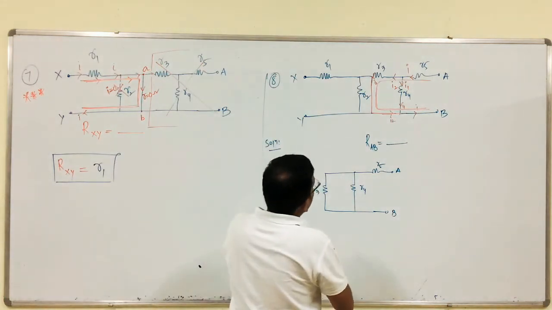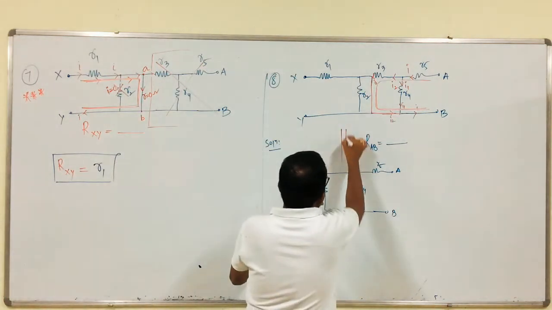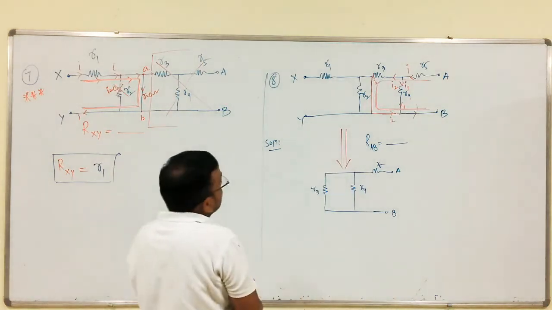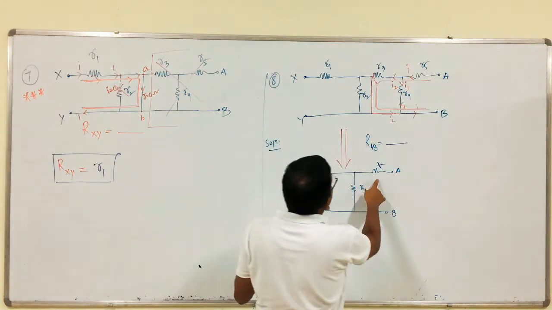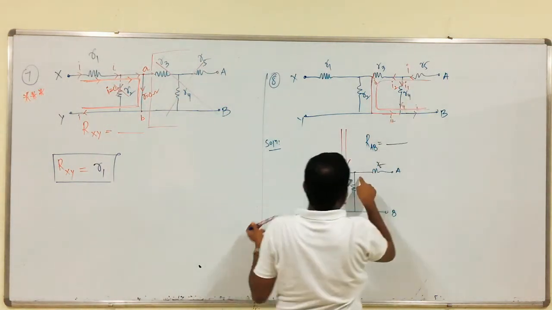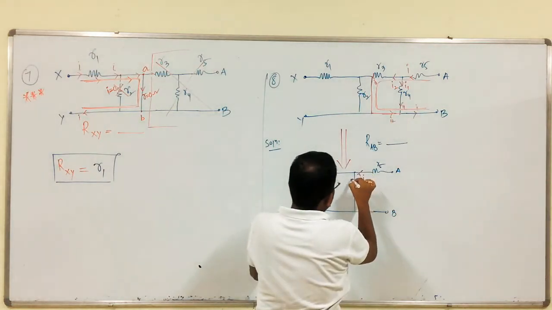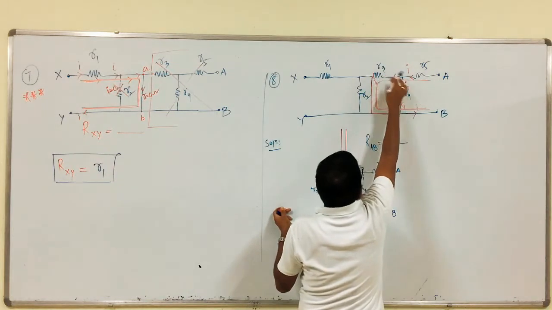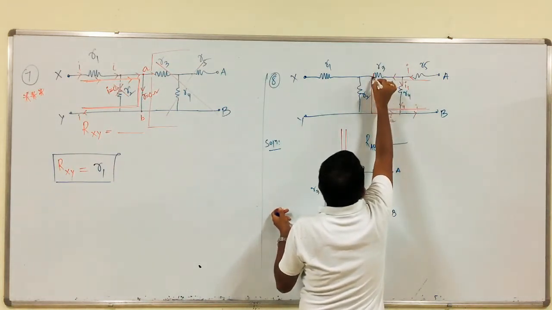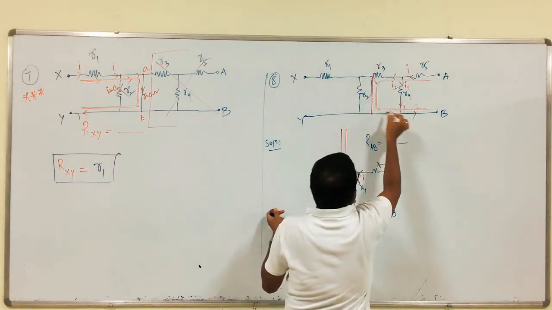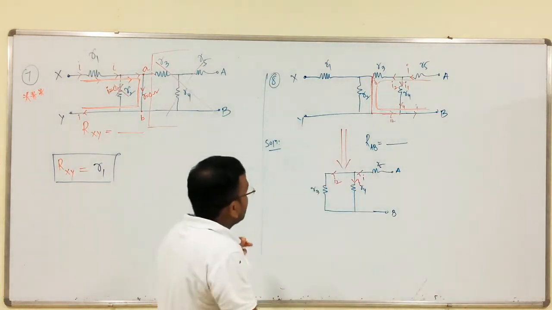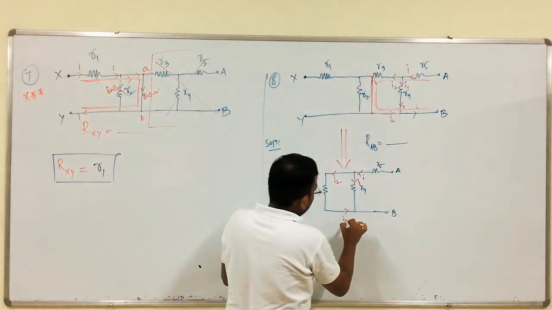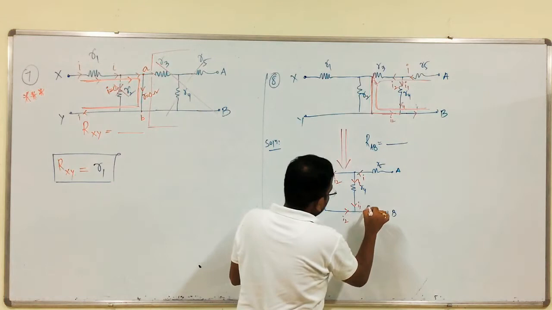After this modification, the circuit becomes like this, right. See, R5, up to this point the current is I, then again I1, this is I2. Through R3 the current is I2, then through the short circuit path the current can be bypassed, that is I2. Again I2, this is I1, this is I.